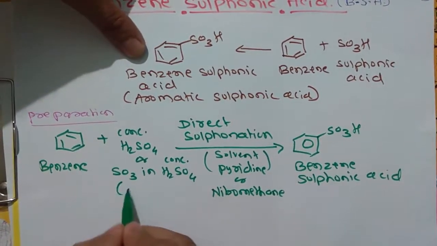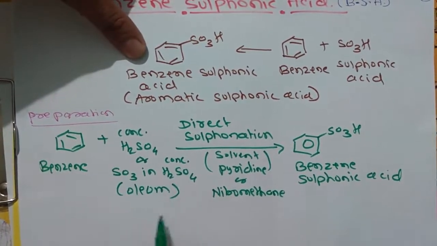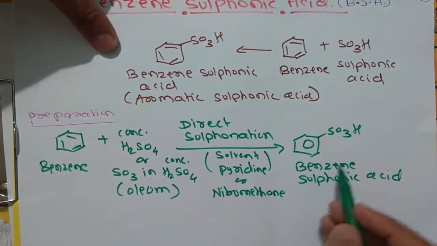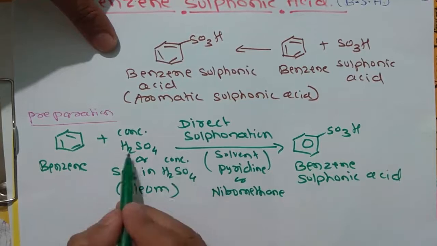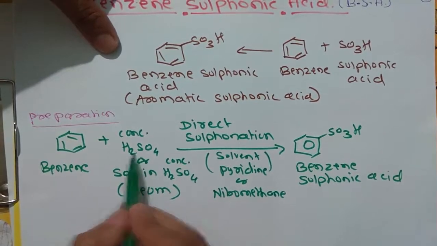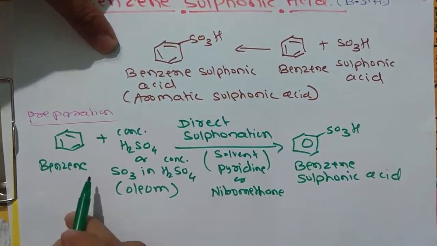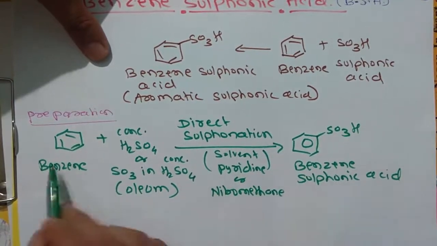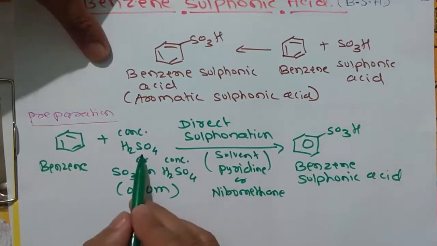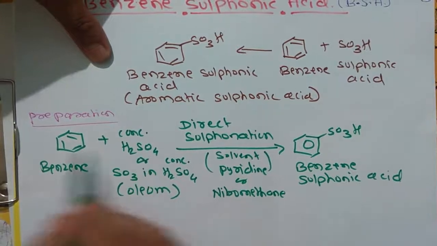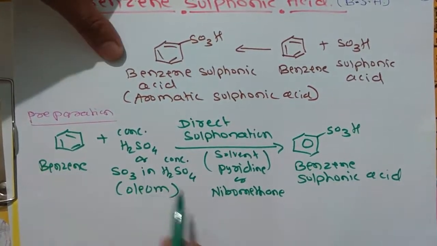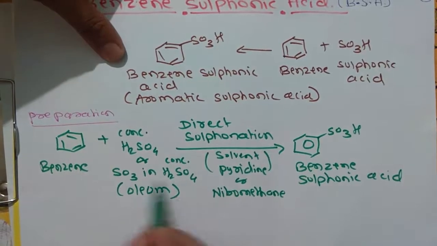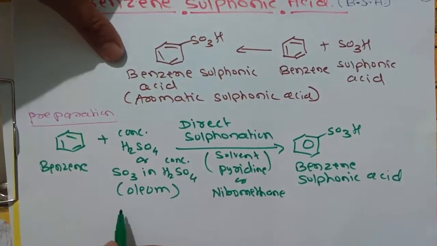It is also called oleum. This reaction is called direct sulfonation because we have to add sulfuric acid into the benzene ring. In direct sulfonation, we add concentrated sulfuric acid to the benzene ring, or we add sulfur trioxide in concentrated H2SO4, which is also called oleum.